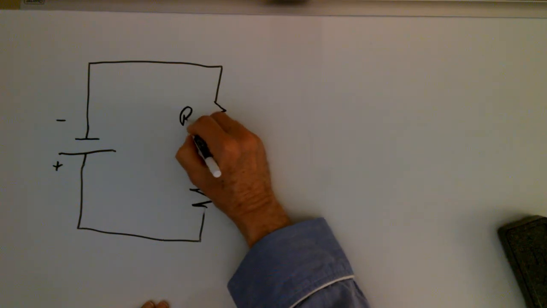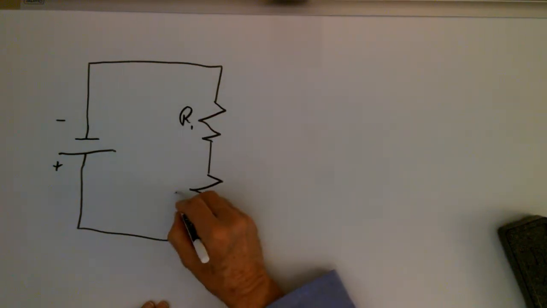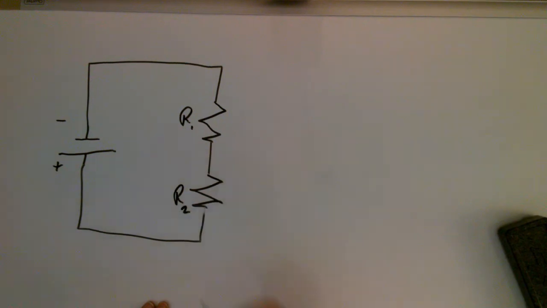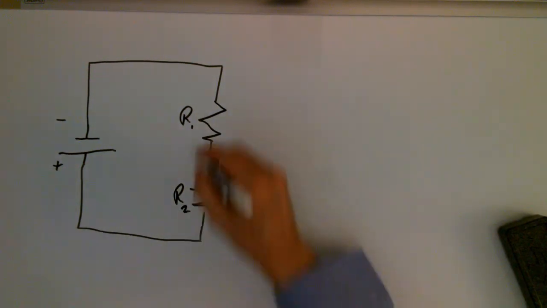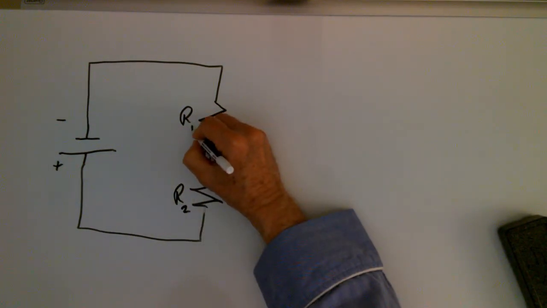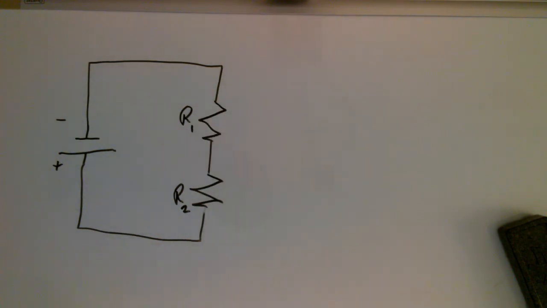We'll have resistor 1 and resistor 2. Let me make my 1 a little bit better than that. And now we have something that resembles a simple circuit.